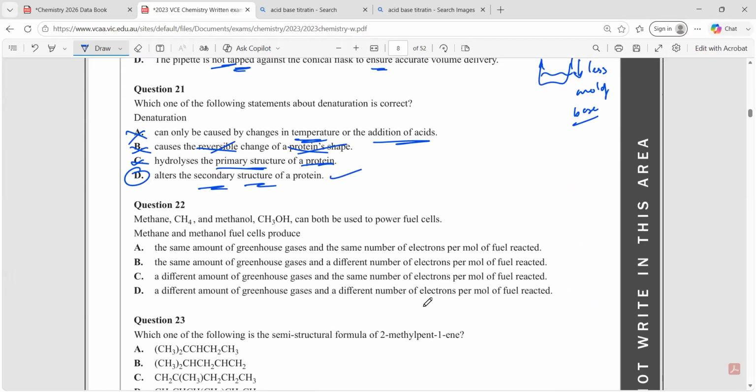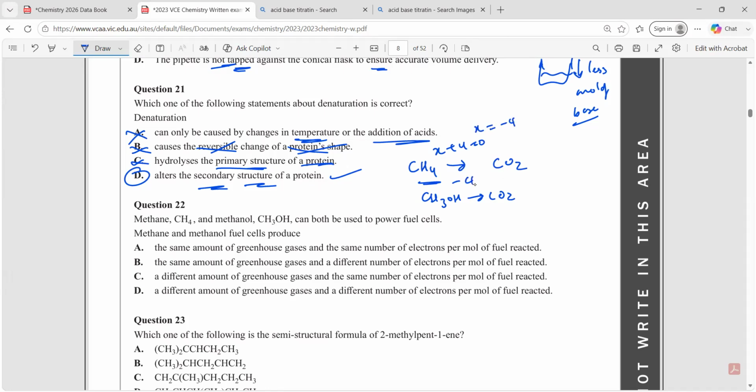Methane and methanol fuel cells produce the same amount of greenhouse gases and the same number of electrons per mole of fuel. Okay, so CH4 to CO2 and CH3OH to CO2. If you can figure out the oxidation number here, it'd be X plus 4 equals 0. So X is equal to -4.